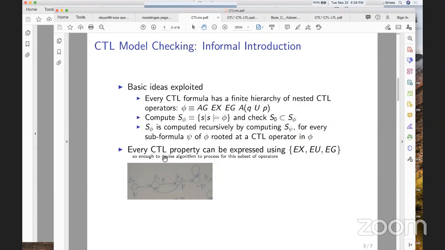And we give the model checking algorithm by actually showing how this S of phi can be computed. A CTL property can always be expressed using EX, EU, and EG. The rest of the operators can be converted, as we saw in an earlier slide.